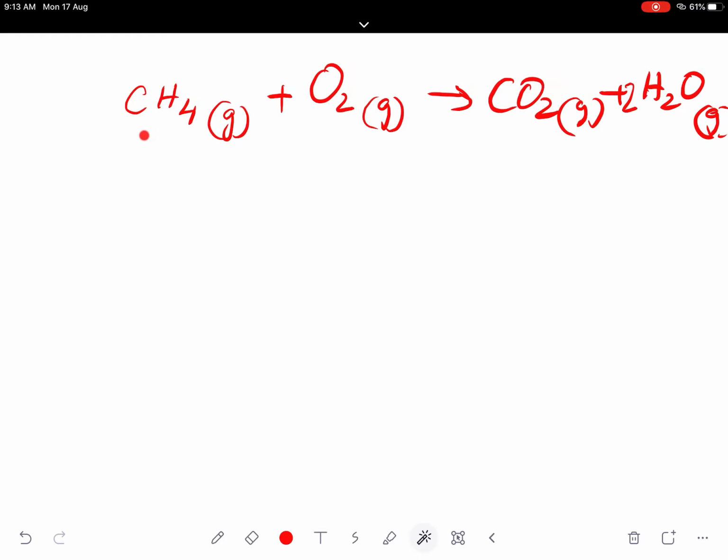Yes, 1 carbon, 1 carbon. Alright, oxygen. Hydrogen is already balanced. Now what about oxygen? Here 2 oxygens and here 2 plus this 2, that is 4.